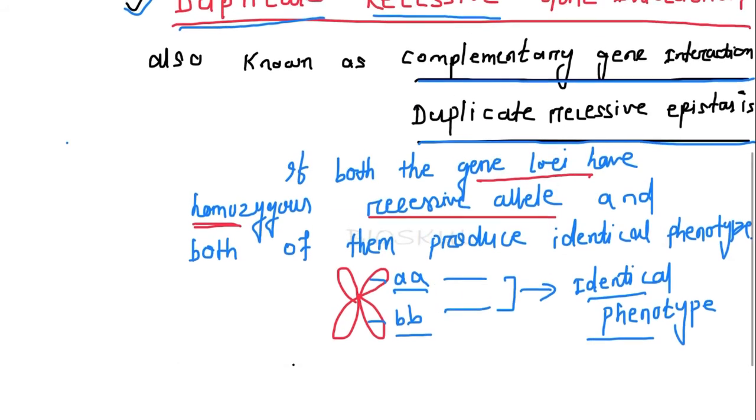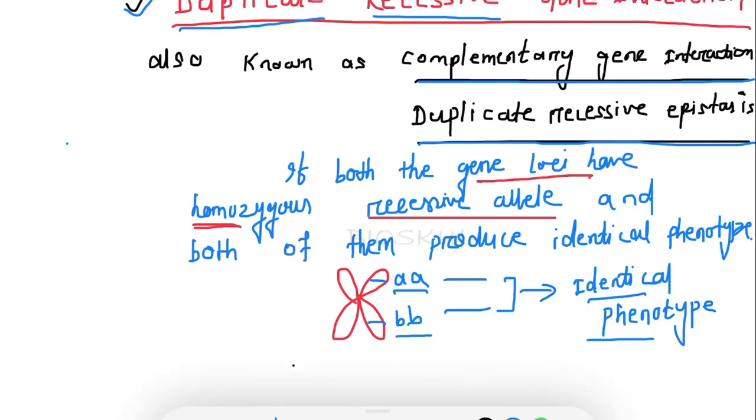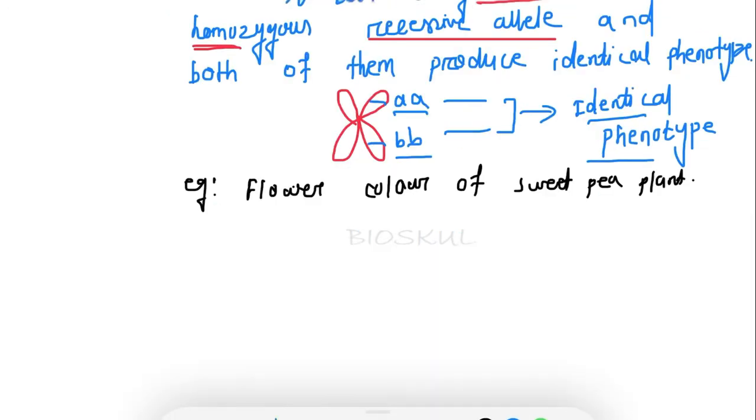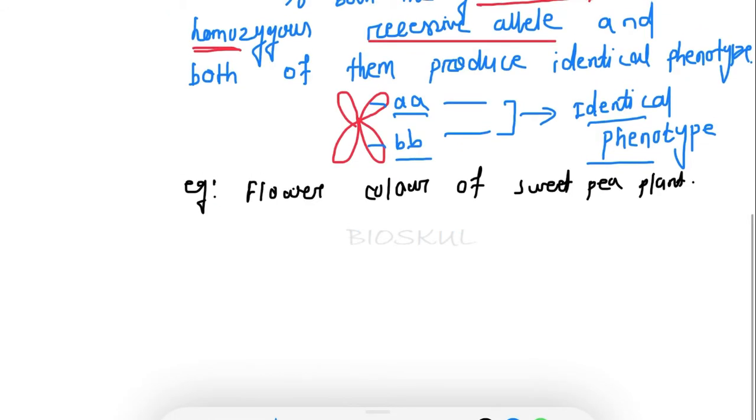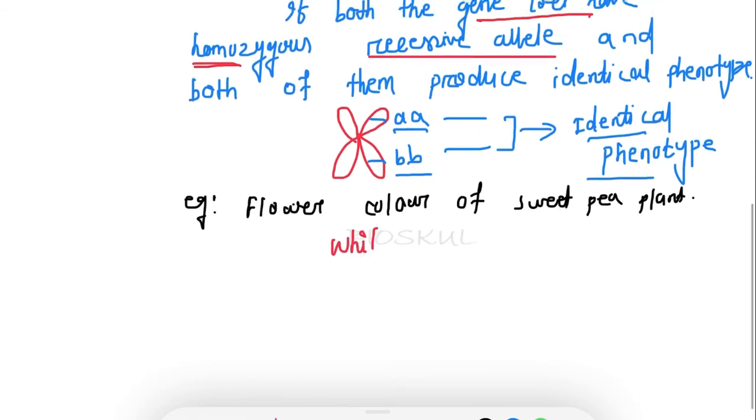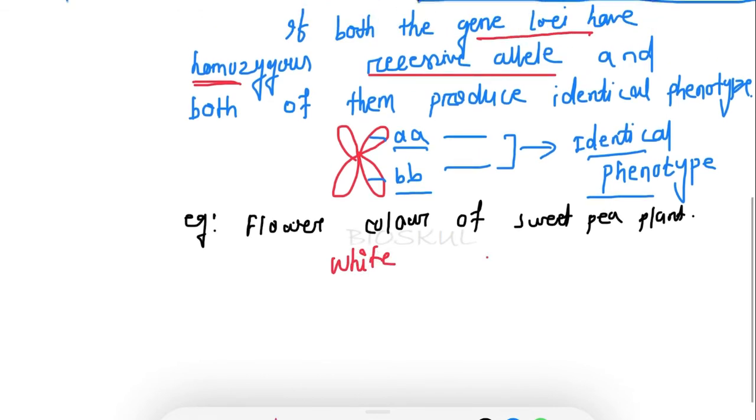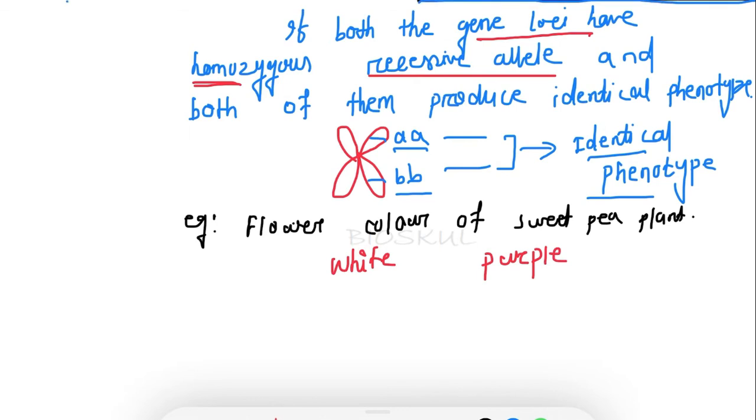Let's understand duplicate recessive gene interaction by taking an example, flower color in the sweet pea plant. In sweet pea plant, there are two flower colors: white and purple. These are produced in two steps.